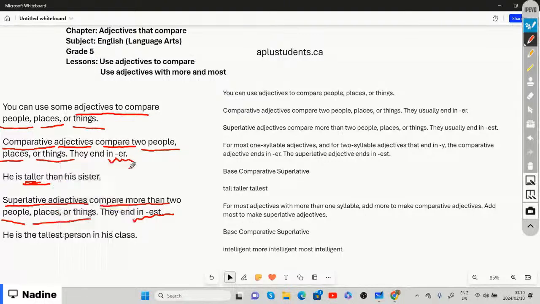If we compare two or more people, or two or more places, or two or more things, then we can say: he is the tallest person in class. When we say he is the tallest person in class, it means that he is being compared to all the other learners or students in class, so he's being compared to more than one person.